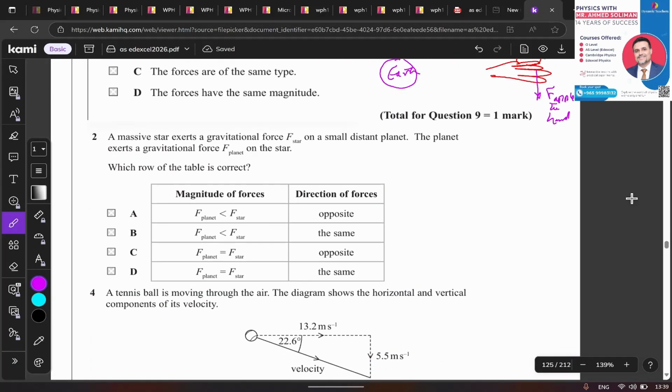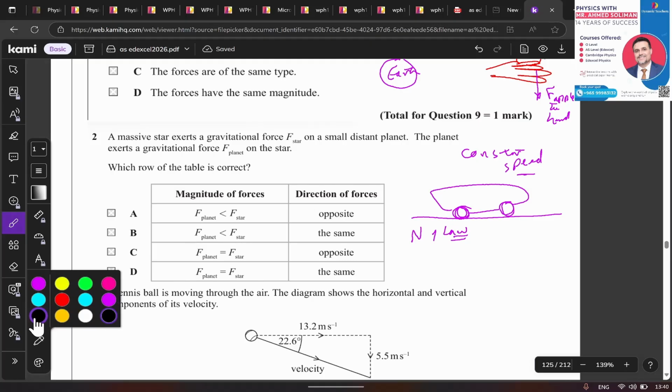Now I have another example. I have a car moving with a constant speed. Now we want to talk about Newton's first law. What are the forces affecting the car with respect to Newton's first law?